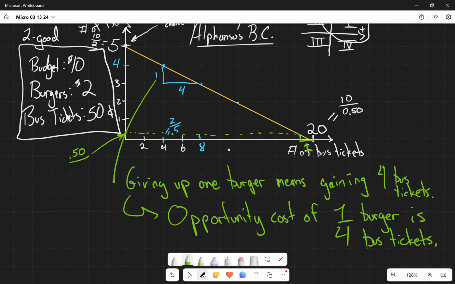And if we divide 50 cents by 2, which is the cost of the burger, this ends up being 1/4 or 0.25. So giving up one bus ticket only gets me 0.25 of a hamburger.